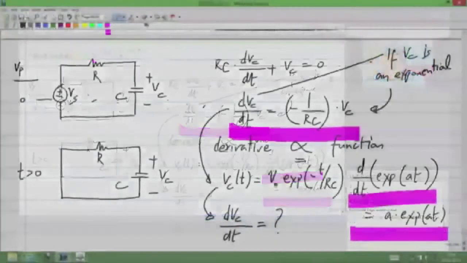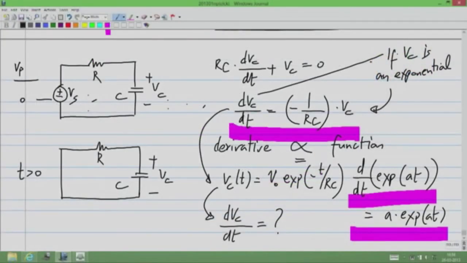I use these expressions to find out exactly what goes inside the exponential. If it is exponential at, the multiplying factor here is a. I want the multiplying factor to be minus 1 by Rc. So a has to be minus 1 by Rc. So Vc of t is V0 exponential minus t by Rc. Just differentiate this and tell me what the value is.